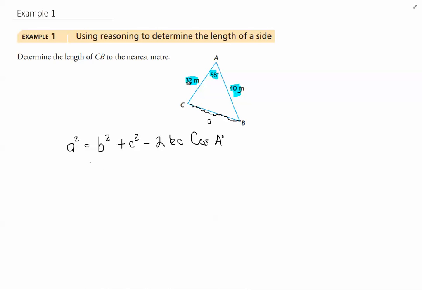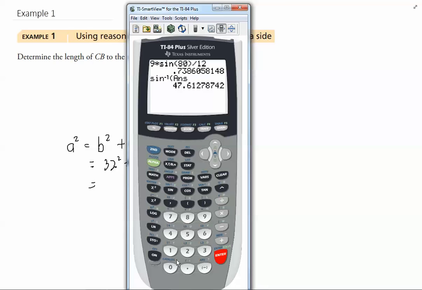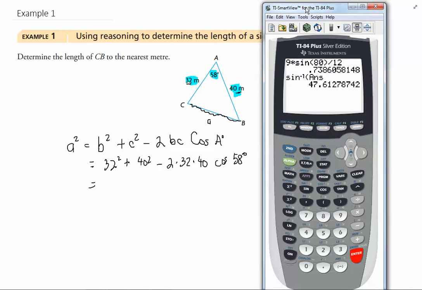Let's substitute in. We have 32 squared plus 40 squared minus 2 times 32 times 40 times the cosine of angle 58 degrees. Now we can calculate that, use our calculator. The beautiful thing is we can enter this in completely in one step.